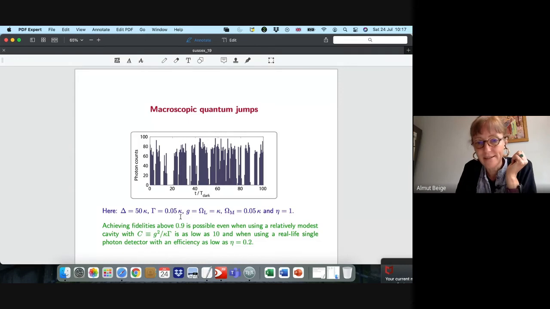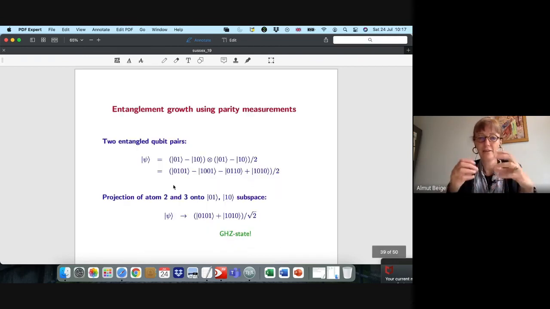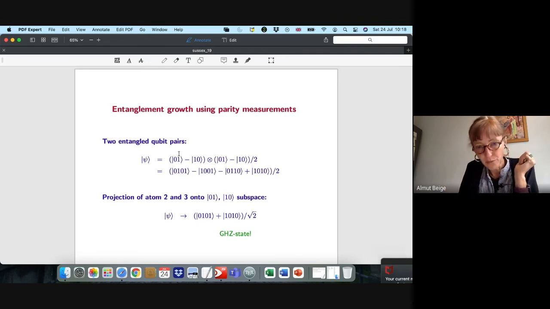But the idea is that even if you have relatively high spontaneous decay rates in your system, via this measurement process, you can create entangled states with very high probabilities. And then once you have two atoms entangled, you can take this state and do some kind of projection measurement.